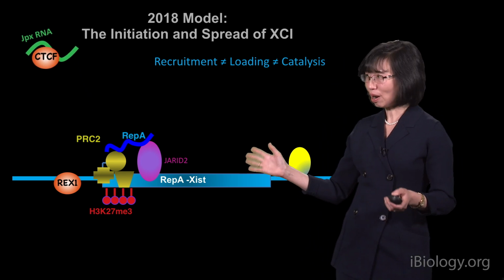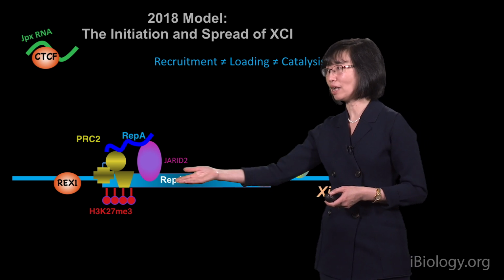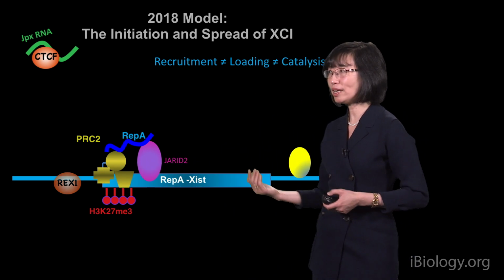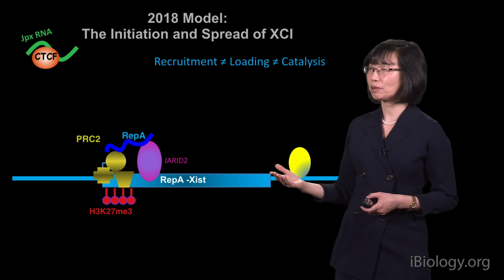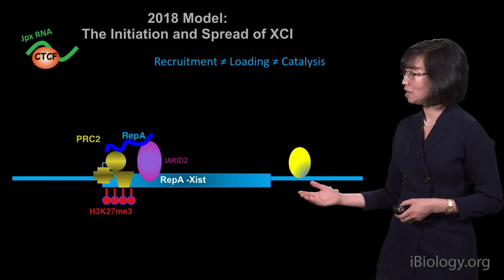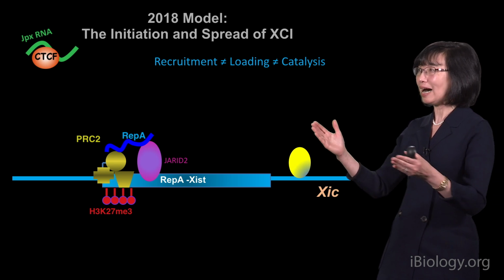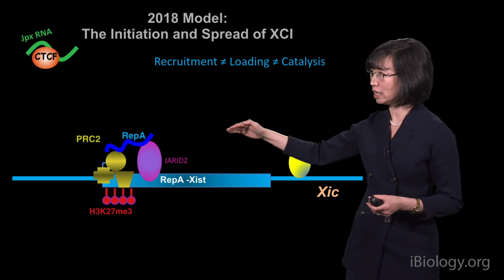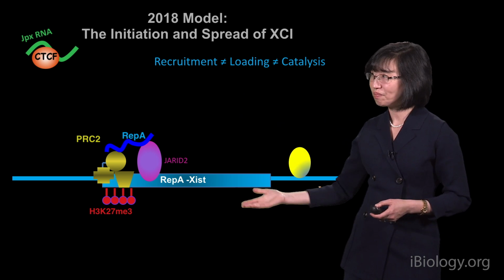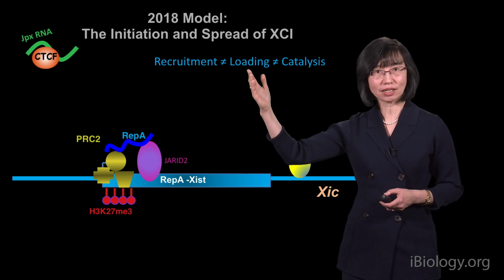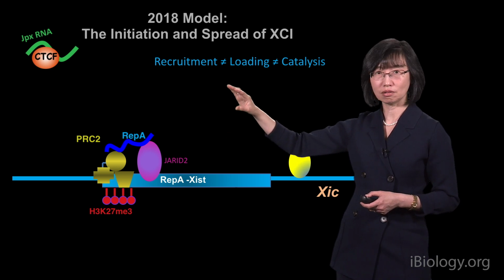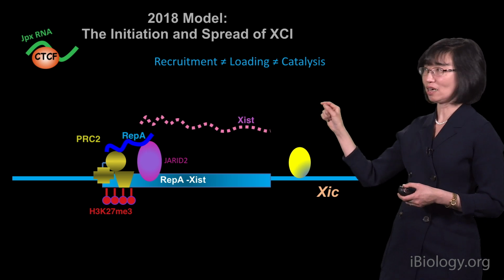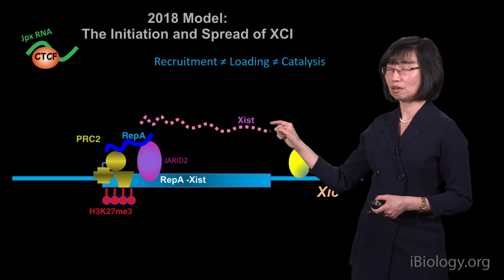And probably around the same time, the Gribnau lab has shown that this transcriptional repressor, REX1, is degraded by an E3 ubiquitin ligase called RNF12. And it's really the combination of all of these events, in particular, the downregulation of the antisense RNA, the upregulation of JPX RNA, and the eviction of CTCF and REX1, that allows full-length Xist to be expressed for the first time.